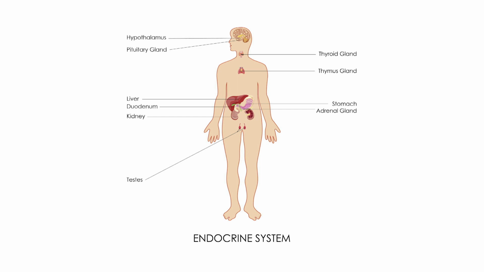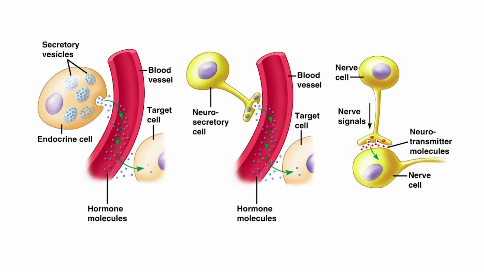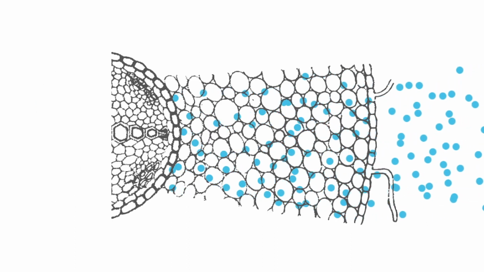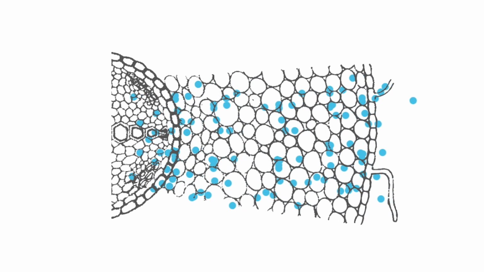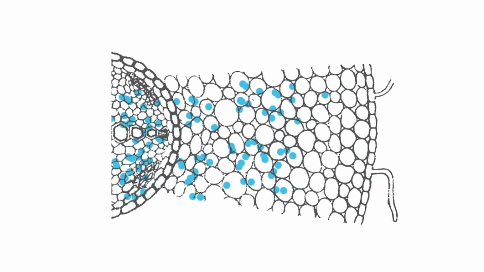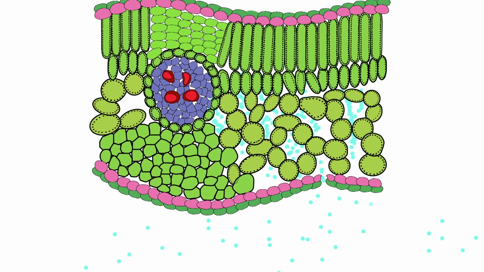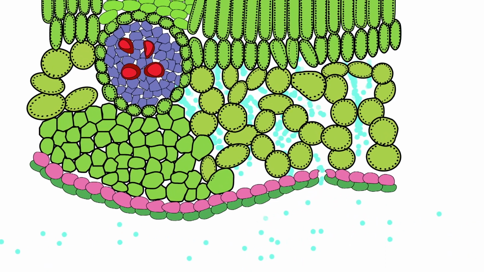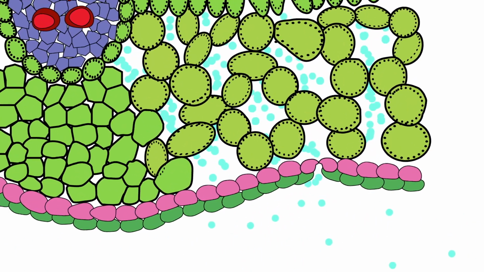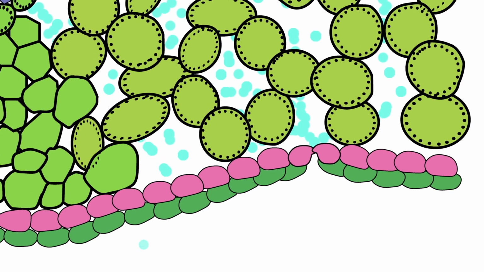Hormones released by the endocrine glands spread in the bloodstream due to diffusion. Enzymes from the cells are released due to diffusion. Roots absorb ions from the soil through diffusion. And of course, diffusion takes place during transpiration too.